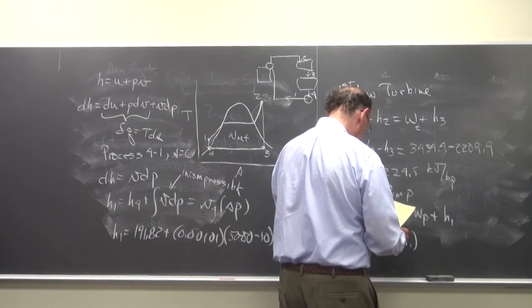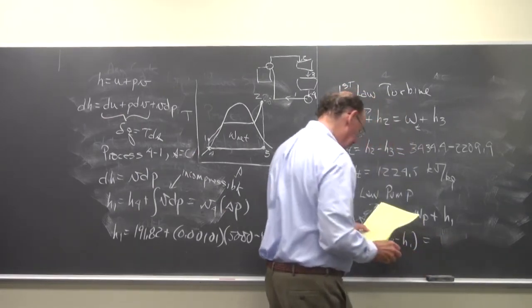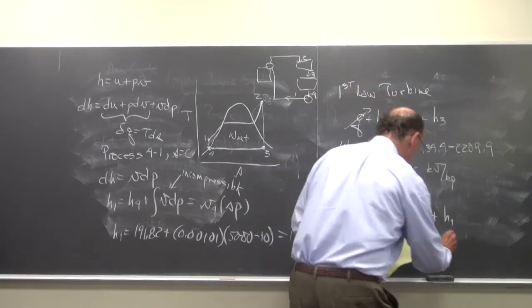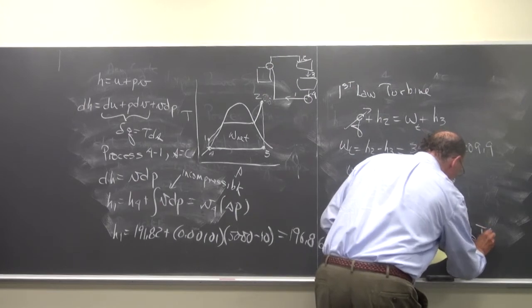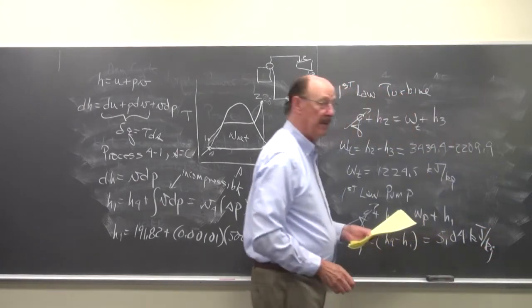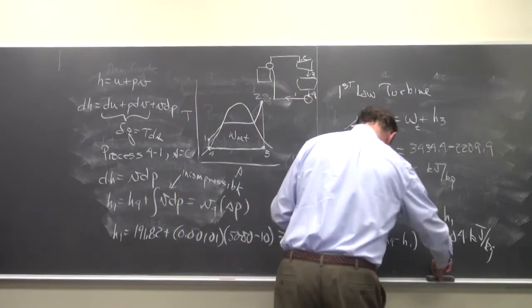Let me see, I have to find my notes, okay, 504 kilojoules per kilogram. I have sometimes trouble following my notes, as you can tell.